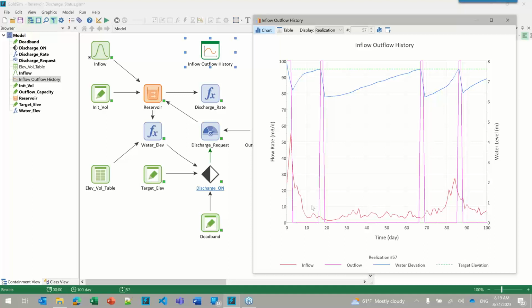Sometimes you have a model where it's not going to make a big difference in the long run. So you should evaluate that as you're building a model. Do I need to show a flow rate that's a little more realistic that incorporates hydraulics or not?